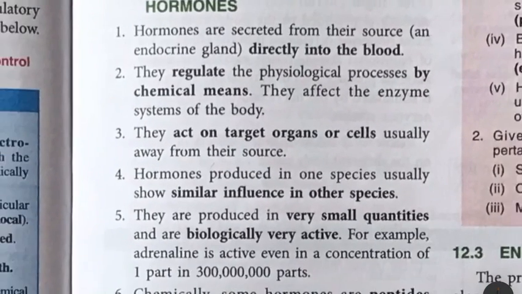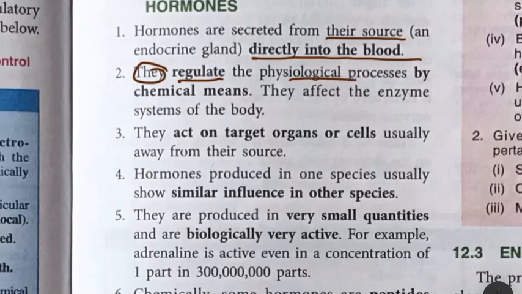Now, what are the general properties of hormones? You already know that they are secreted in an endocrine gland, that is the source, and then poured directly into the blood. The hormones regulate the physiological processes, the different life processes taking place inside our body, by chemical means.